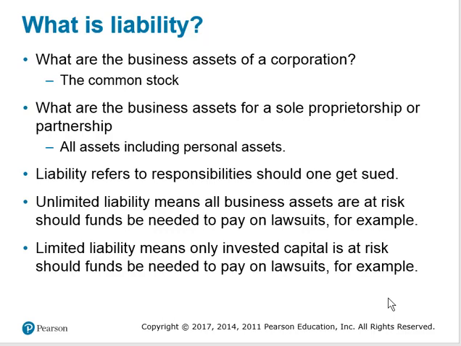So in a sole proprietorship, unlimited liability means all of the business's assets, but also all personal assets are at risk. Limited liability means only invested capital, only the owner's investment in stock, for instance, would be at risk.